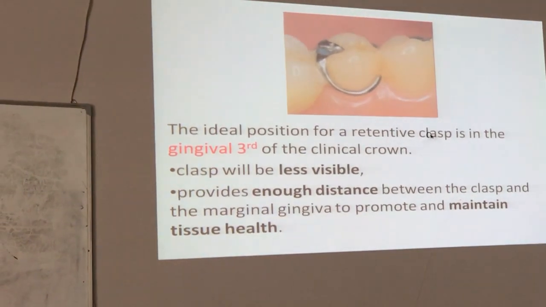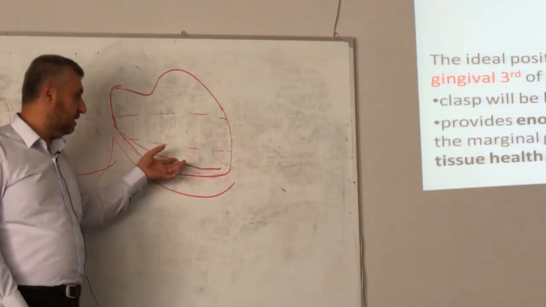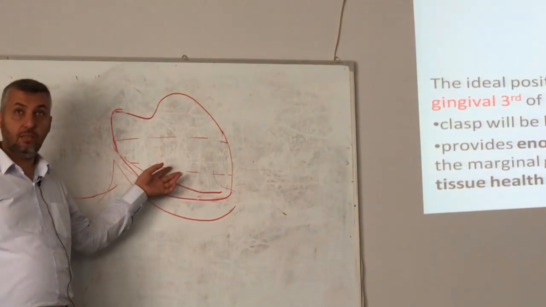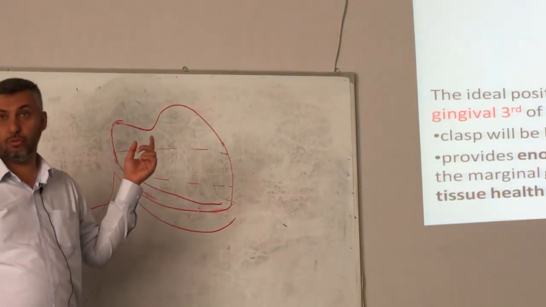If the patient's survey line prevents placing the clasp in this position, what do we have to do?